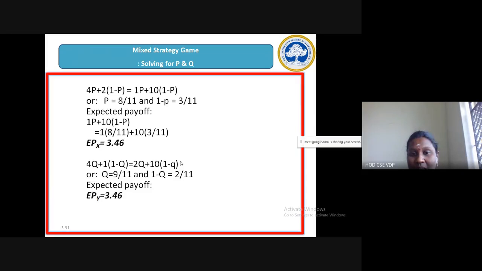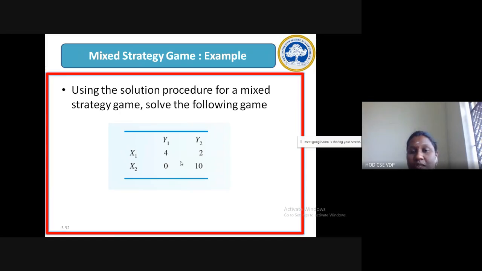So this is the only difference between your pure strategy and your mixed strategies. When I say mixed strategies, immediately remember that you have to associate probabilities with each and every value. Here again you have one more problem. Probably you can solve it at home. So you have x1 and y1, x2 and y2. Just associate probabilities with these and find out the expected gain for rows.